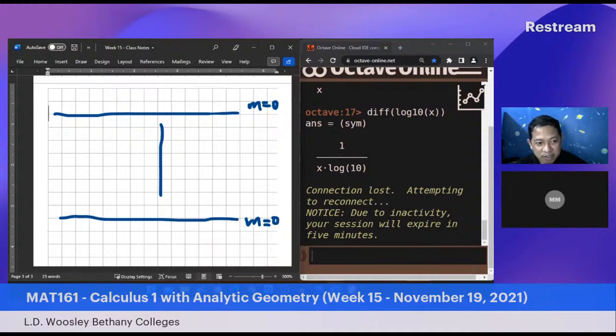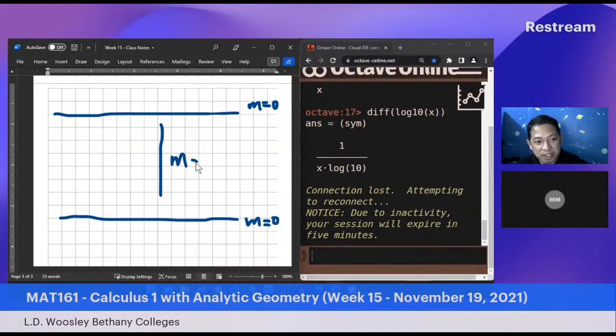Anong change of x mo dito? Kasi change of y over change of x. Ano magiging change of x mo pag vertical? Wala po. Wala. 0. So, any value over 0, what's the answer? Undefined.